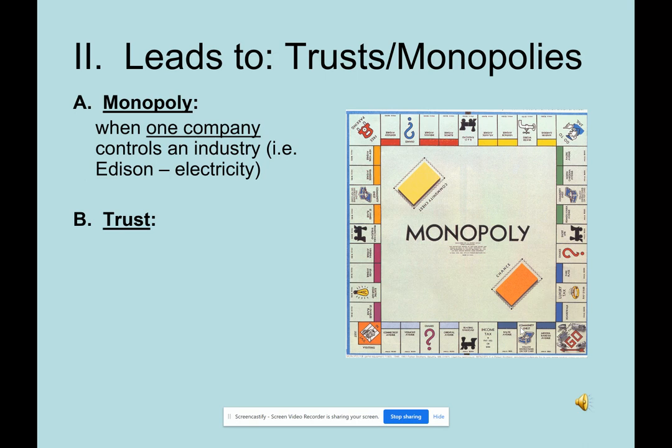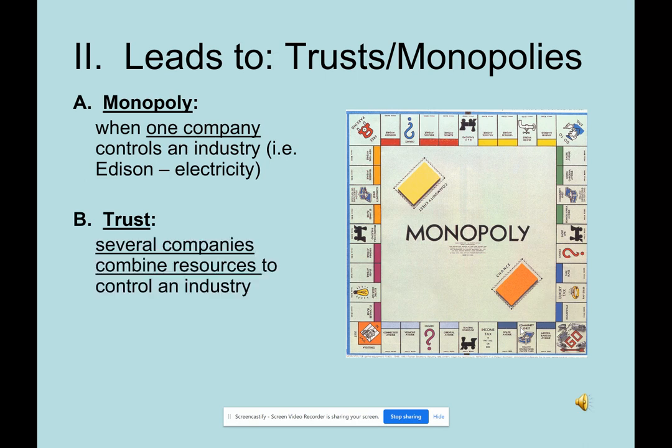So a trust is when several companies combine resources to control an industry, and they can do that by working together. They can do that by sharing board members. So I appoint the same person to the board of Adidas and Nike. And then when they're having their conversations, Adidas can decide, we're going to make a soccer shoe this year.